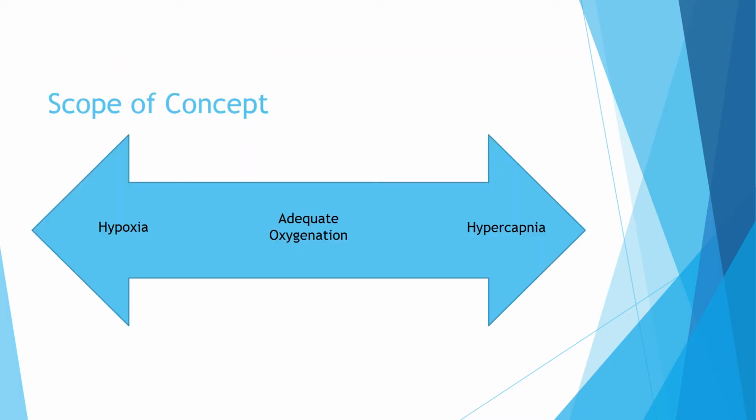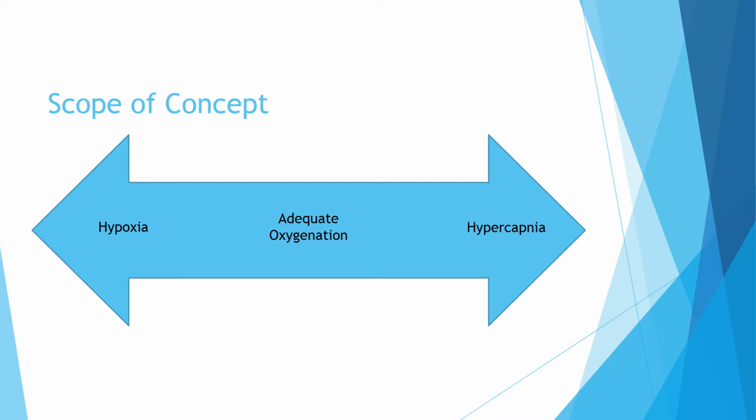Scope of the concept. Hypoxia is when someone does not have enough oxygen. The amount of oxygen circulating in their arterial blood is low with hypoxia.